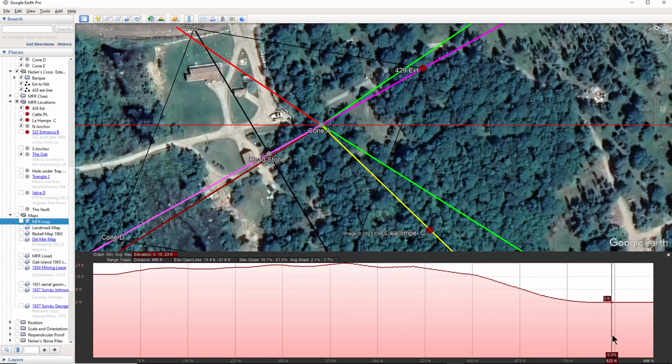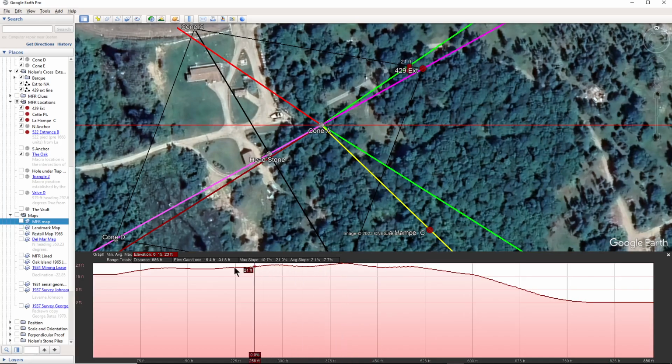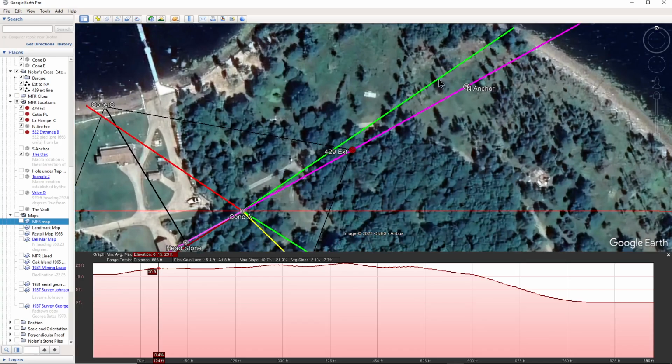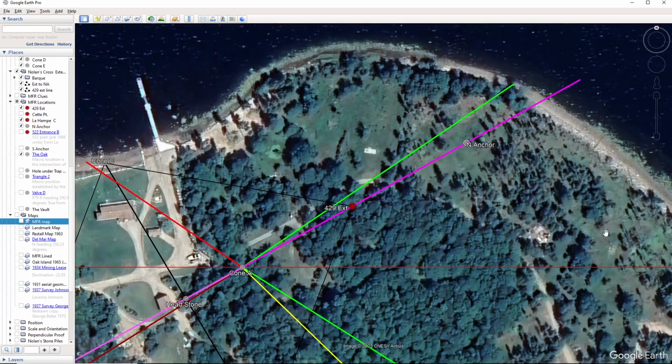So in other words, the sun is going to have to rise up in the sky to this point above 23 feet in order to be observed at cone A. So the fact that the apparent sunrise is not at the axis of Nolans Cross, we're going to find that when it does hit the axis of Nolans Cross, it will be just observable. It will be observable at cone A, and it's going to be a full disk, which is really interesting.